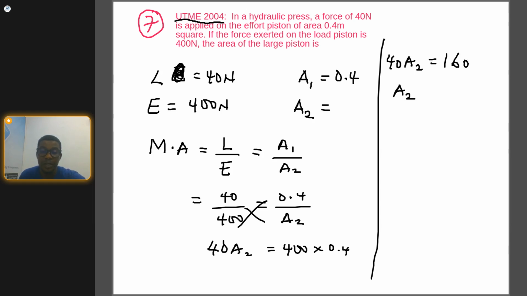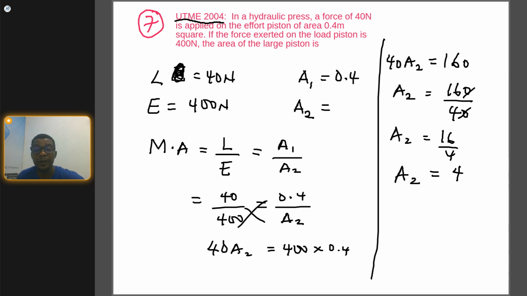Dividing both sides by 40, we have 160 divided by 40. The zero cancels the zero, and A2 equals 16 divided by 4, which is 4. So the area of the larger piston is 4 meters squared.